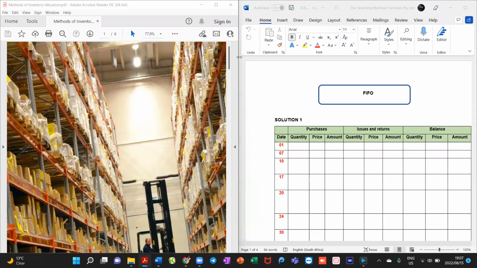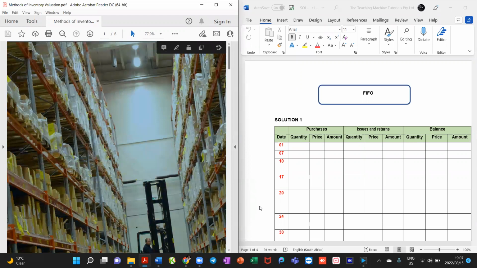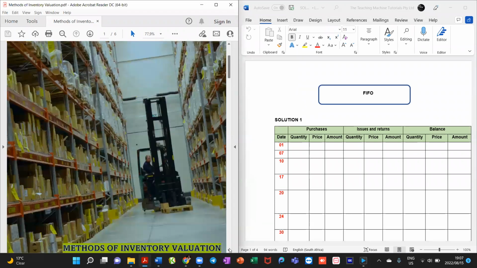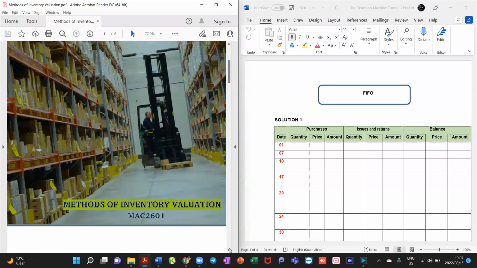All right. So today's lesson is based on the inventory valuation methods. These are the methods that are used by businesses to determine the costs or the value of trading stock. Some might use FIFO, first in, first out.